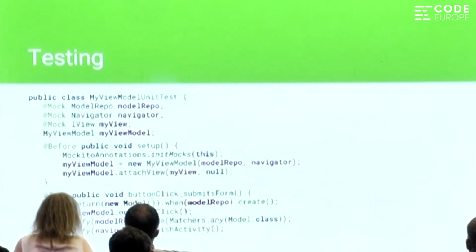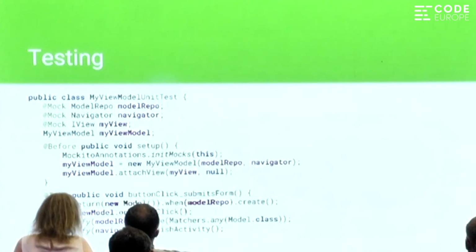What the button click should do, it should save the model in the model repository. So first thing we do is we define when the create method of the model repository is called, we return a new model. That's a method that's then used in the on button click. So we just define the behavior of the mock object. Next thing, we call the method under test on our view model.